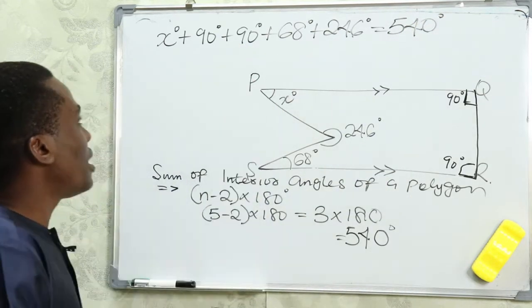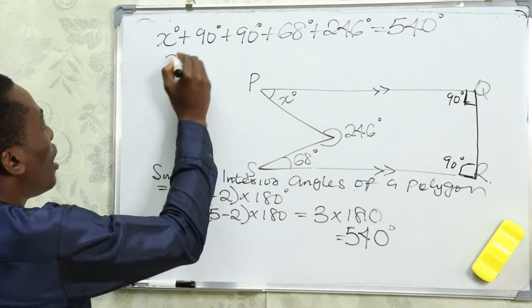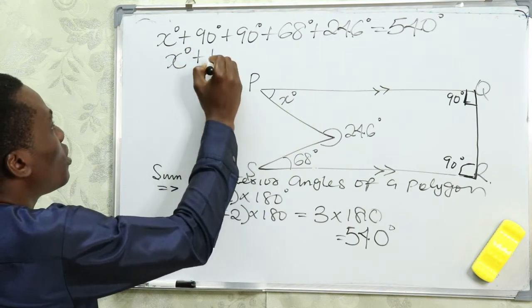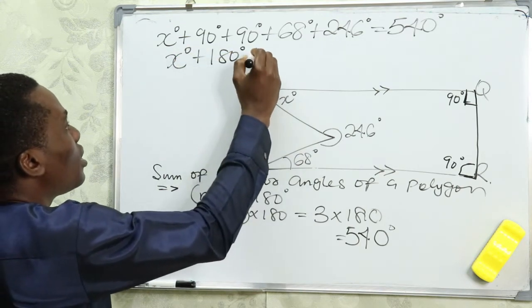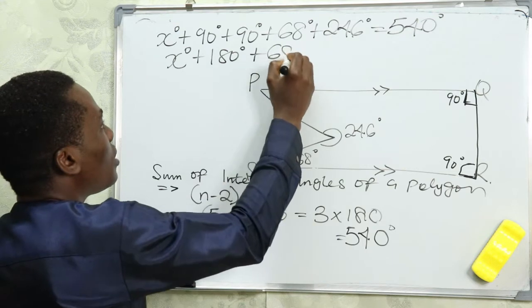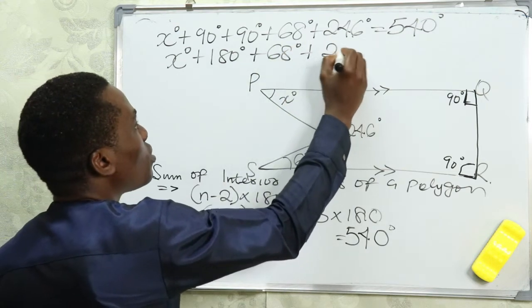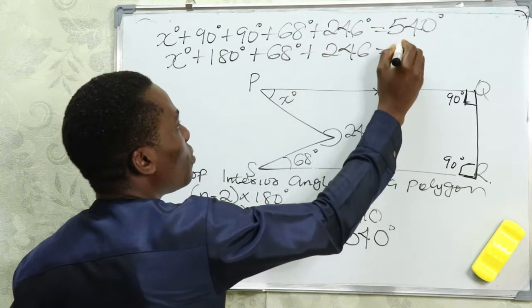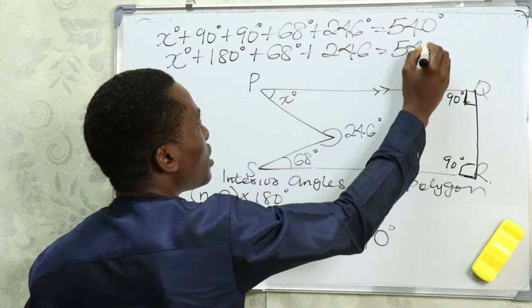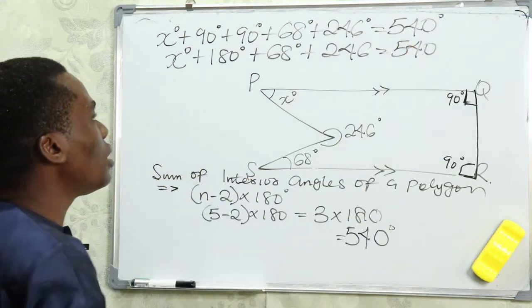Having gotten this, finally we can now add our angles. 0 degrees plus 180 degrees plus 68 degrees plus 246, and that will be equal to 540.